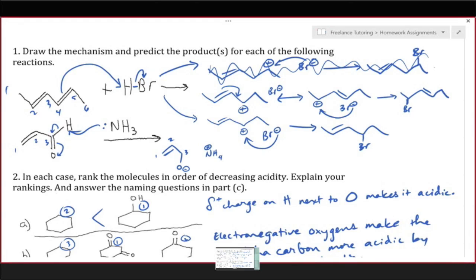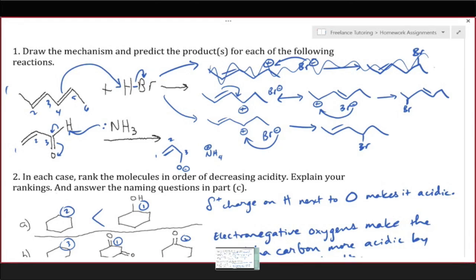Let's see. I'll take a look at your answer for the second case. All right, so what role is the nitrogen playing in that step?